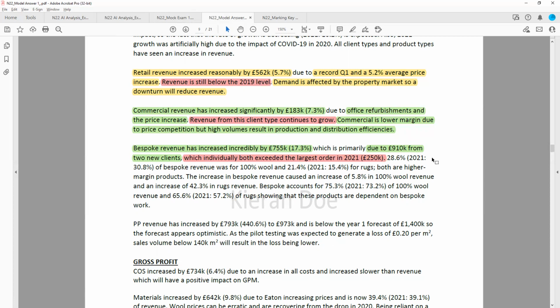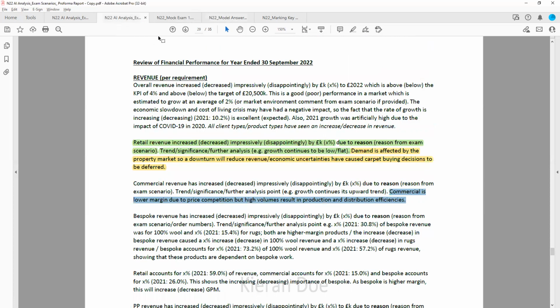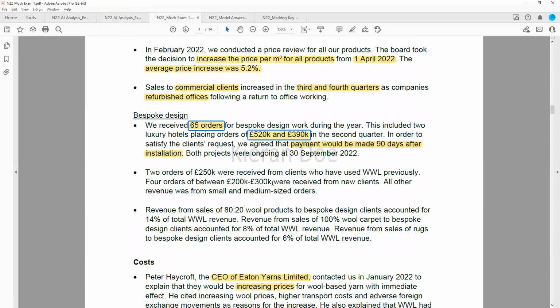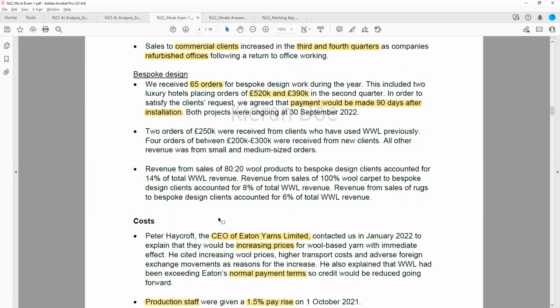And actually, as we identified in the AI class, you could do a lot more further analysis of the bespoke numbers if you were told a breakdown of what revenue was from. So we were told about some other orders as well, so we could bring that into our answer. And we were told that revenue for bespoke, we were given a breakdown for each product.